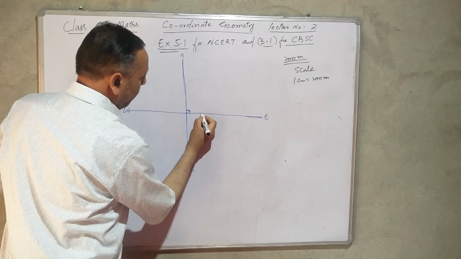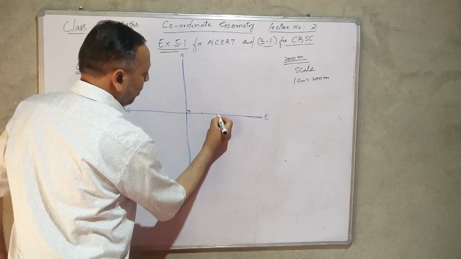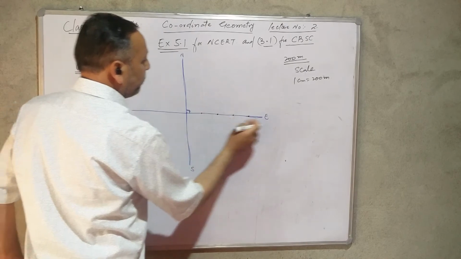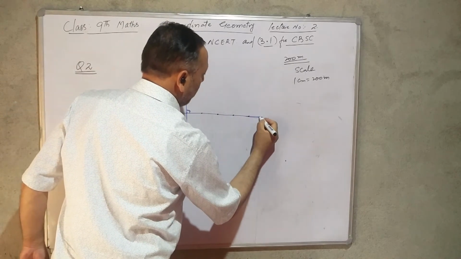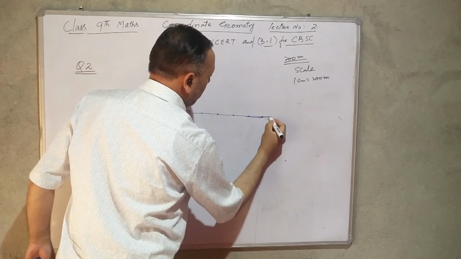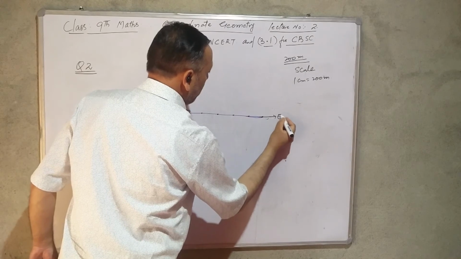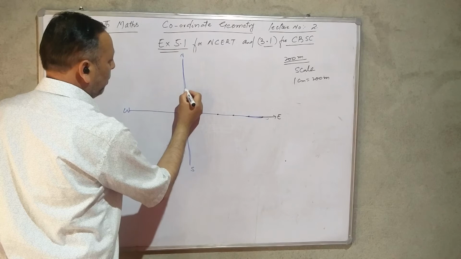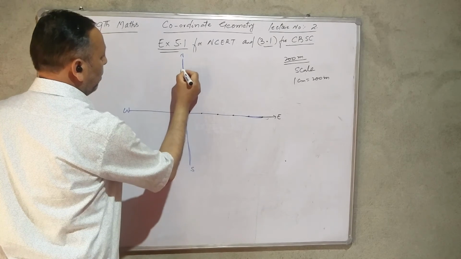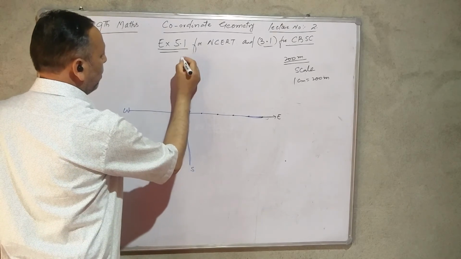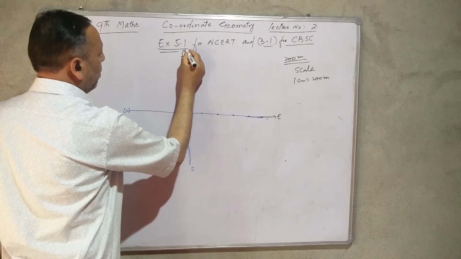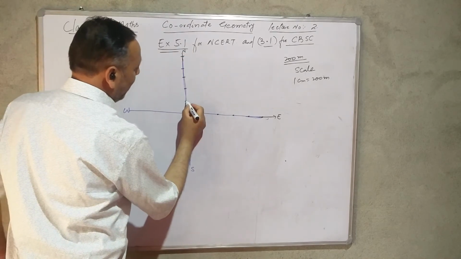So at 1 centimeter, you mark the points, and draw parallel streets.